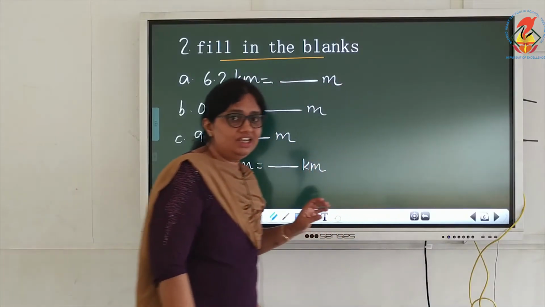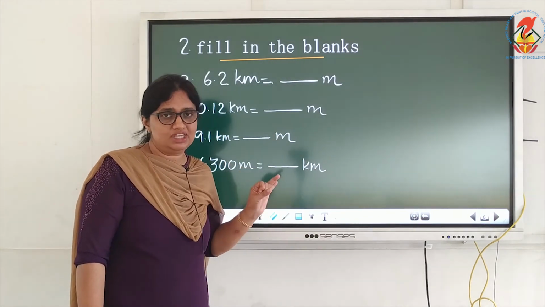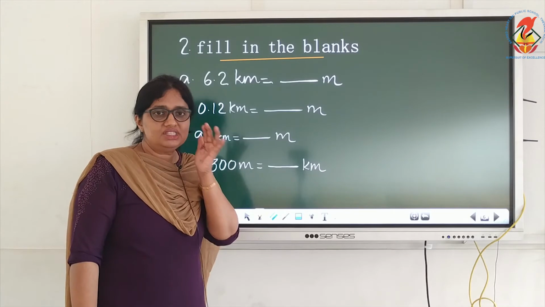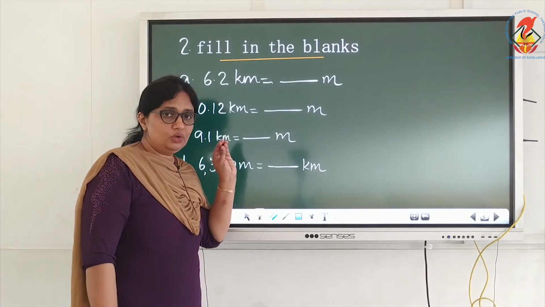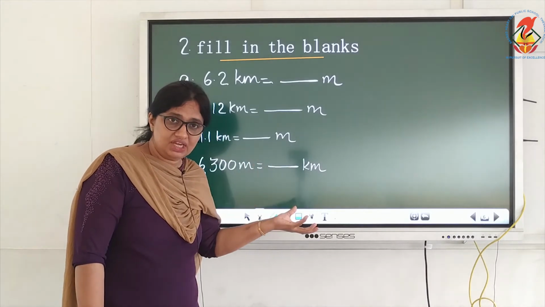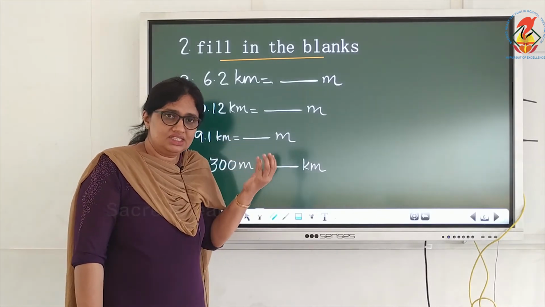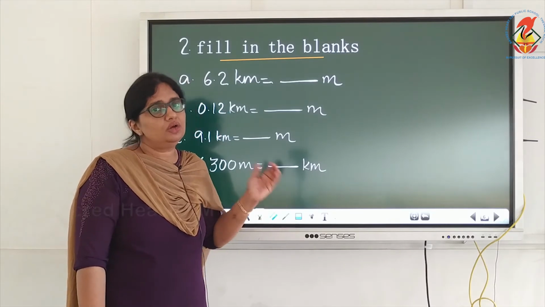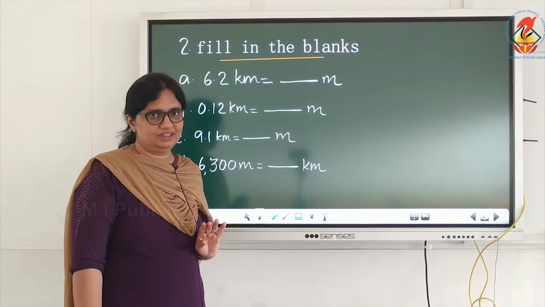And how to study the relation between two units also, you need to study, that's why. Otherwise you can't do anything, right? First you need to understand what's the relation between those two units. After that you need to understand is it from bigger unit to smaller unit or smaller unit to bigger unit. Then only you can do it correctly.